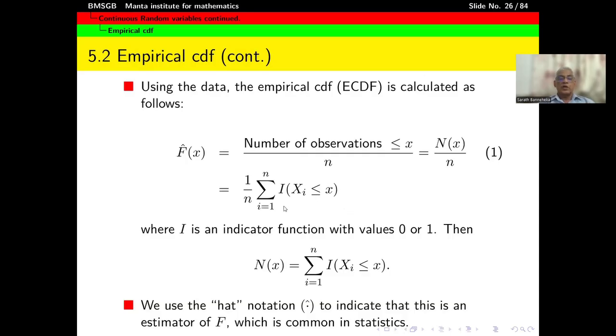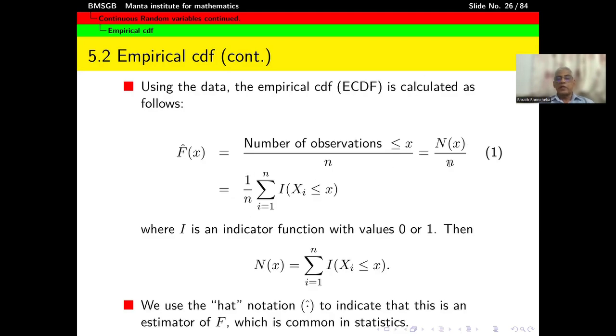So when you calculate this for each i, for some i's you get 1, for some i's you get 0. You get 1 whenever the corresponding observation is less than or equal to simple x. Therefore, when you add those values from i equals 1 to n, you get the number of ones, which means the number of observations less than or equal to simple x. So that gives you n_x.